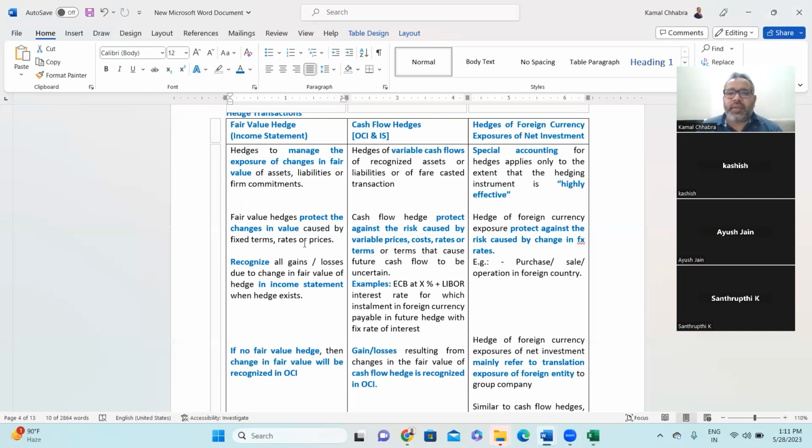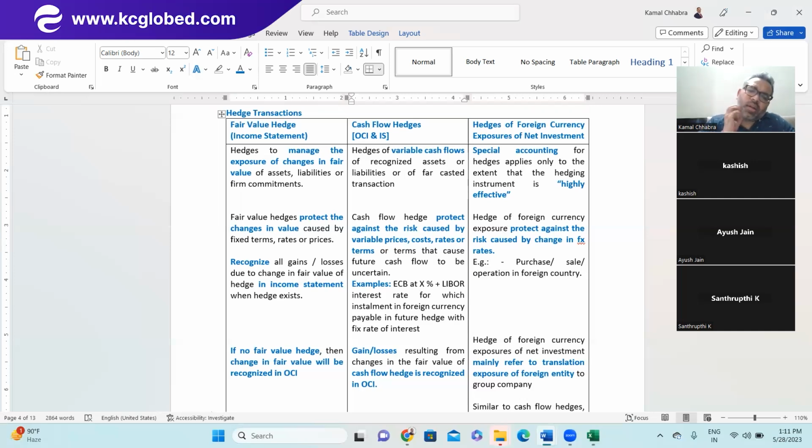So a hedge of variable cash flow of a recognized asset or liability, or a forecasted transaction, at fair value of the transaction.